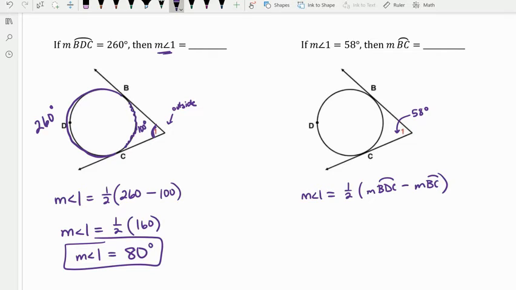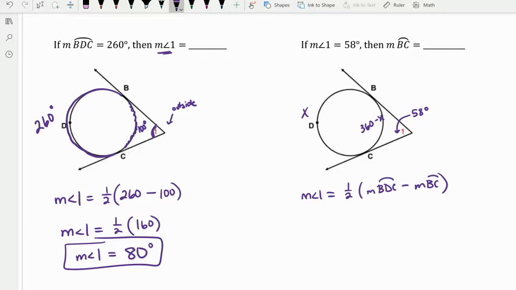But notice when we use two tangents, just like we did on the first one, the two arcs will add up to 360 degrees, right? So if I make this arc x, then my other arc would be 360 minus x, right? Because those two have to add up to 360, or you could do it the other way around.